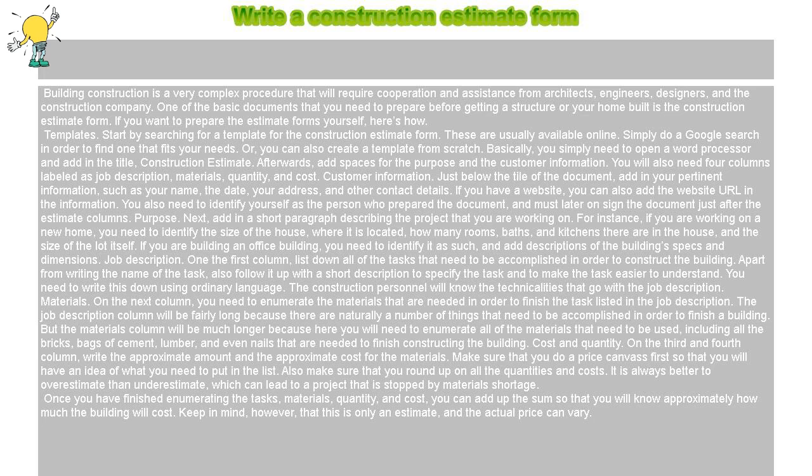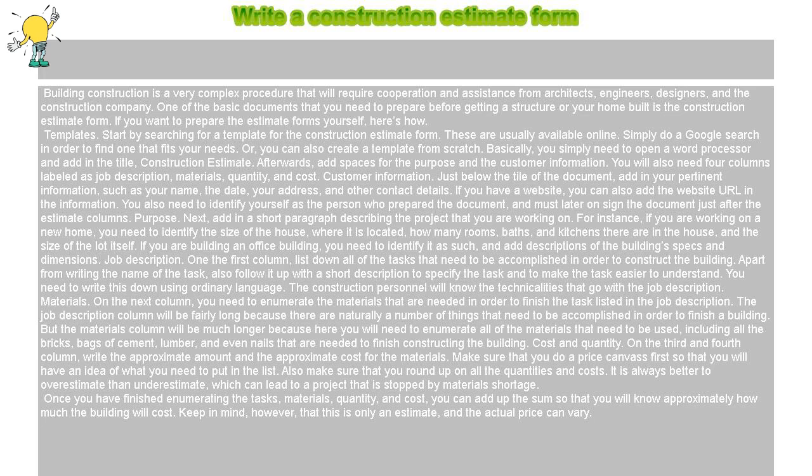Materials. On the next column, you need to enumerate the materials that are needed in order to finish the task listed in the job description. The job description column will be fairly long because there are naturally a number of things that need to be accomplished in order to finish a building.